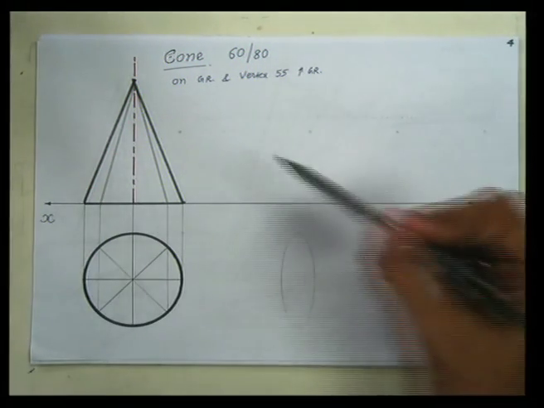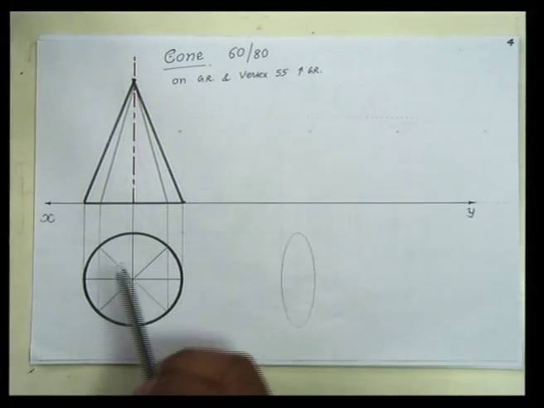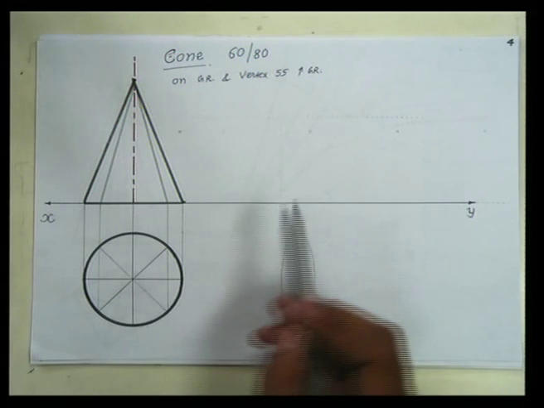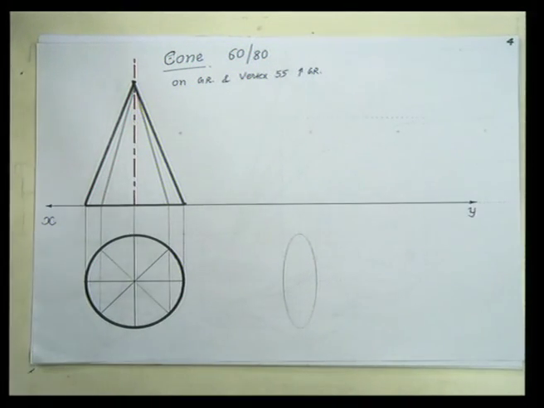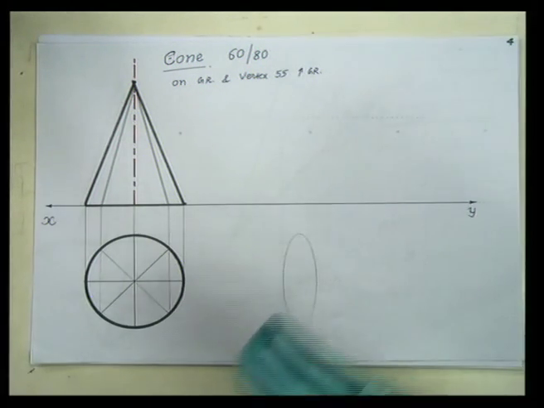Now it is given that this cone having diameter 60 mm, height 80 mm, the vertex is on ground and the rim vertex is 55 mm above the ground, and it is resting on its rim. So first we have to find out the position of the vertex point in front view.